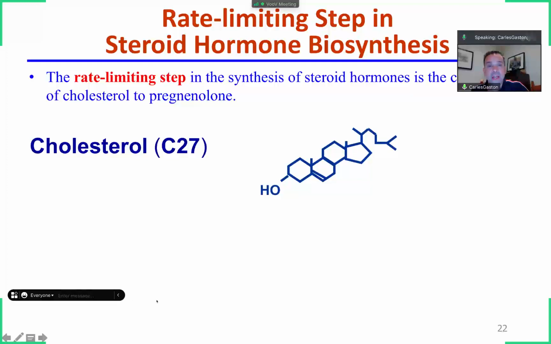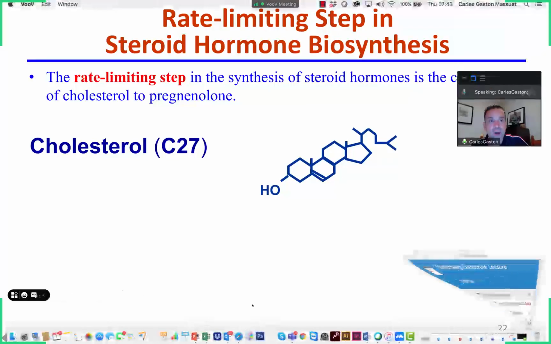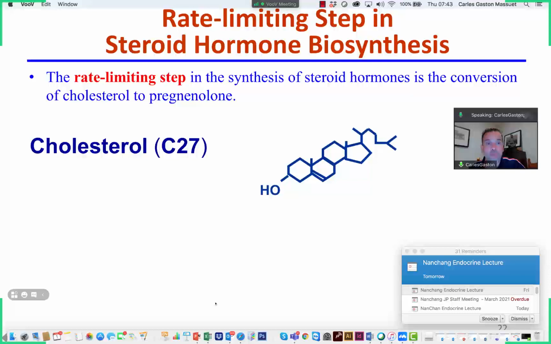Now, in the biosynthesis of steroids, the rate limiting step in the synthesis of steroid hormones is the conversion of cholesterol to pregnenolone, as we will see, which is the first step of modification of the cholesterol.